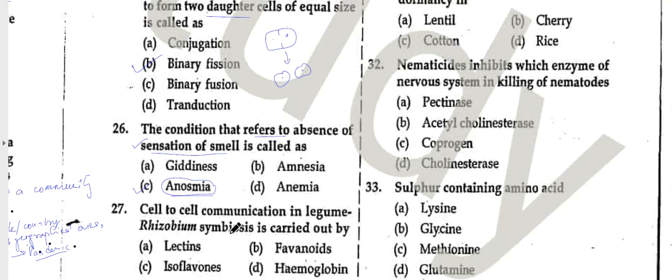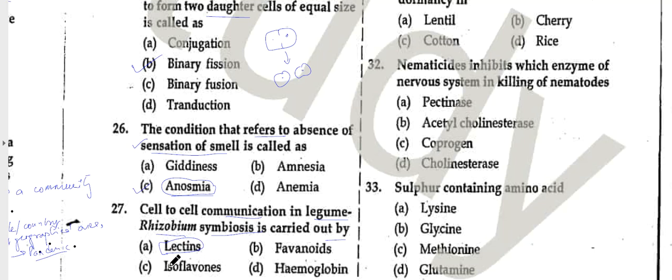Next, cell-to-cell communication in legume-rhizobium symbiosis is carried out by, this we studied in nitrogen metabolism in plants, how symbiotic fixation occurs with the help of rhizobium bacteria. Now this is by the lectins.